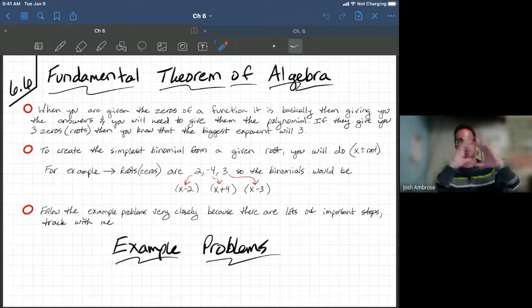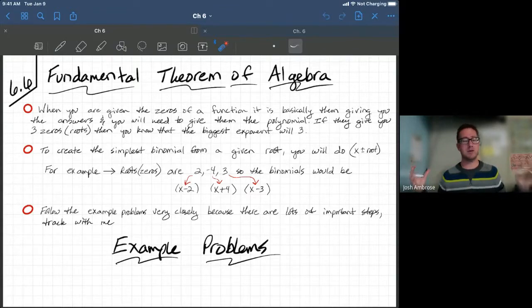You've been given a big polynomial, told to solve it, and you might have to factor it or use the quadratic, and then you get down to your answers. Now they're just going to give you the numbers, and you have to go backwards, and your answer is then going to be a big polynomial when all you started out with was a few numbers. So our first definition: you're given the zeros or the roots, and you go backwards.